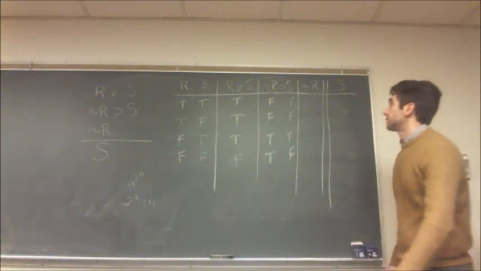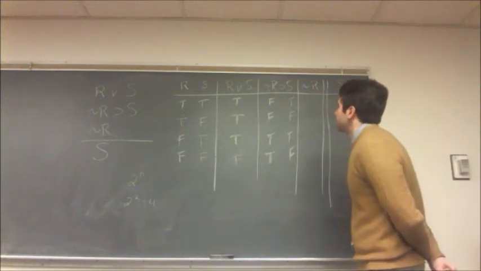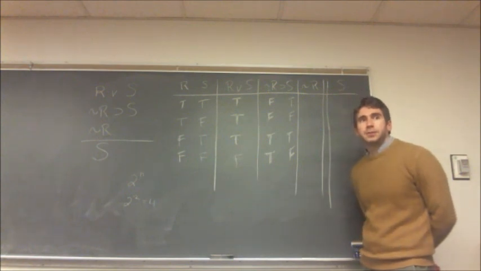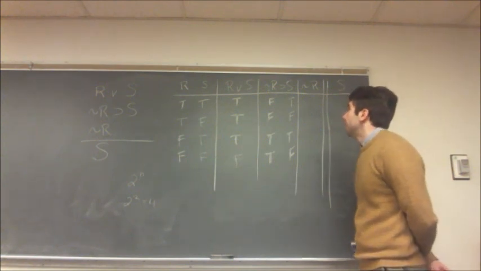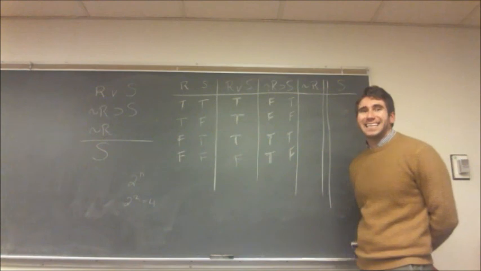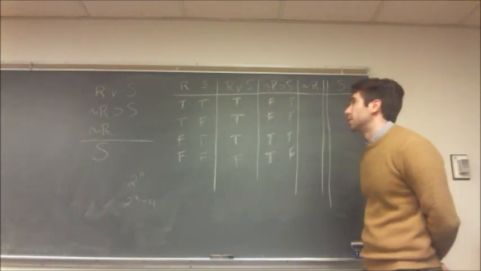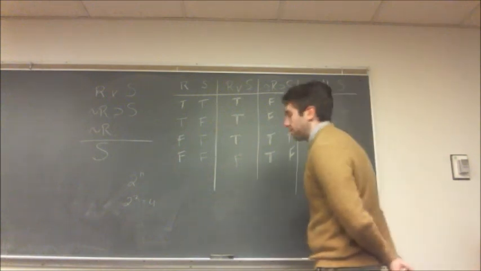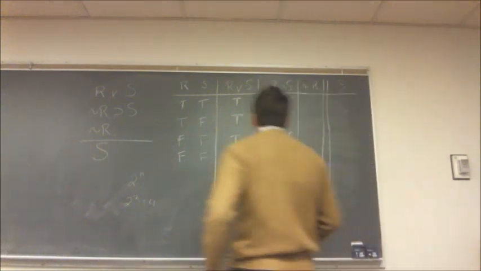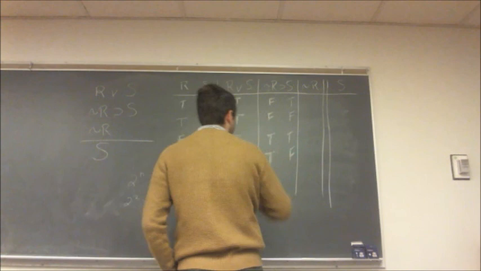Now we're going to combine this information to figure out what the truth value of the whole thing is. The horseshoe is true just in case it's not the case that the antecedent, in this case R, is true, and the consequent, in this case S, is false. Here's the table for the horseshoe.